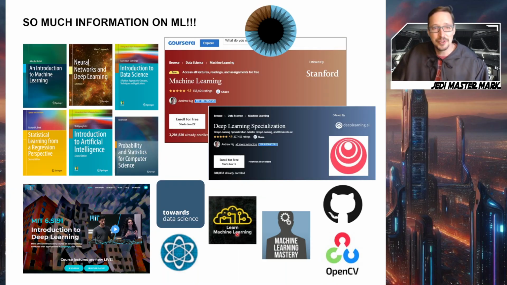If you look up at the header, there is so much information on machine learning. You can certainly put machine learning into Google or some other tool, and there are all these free books out there. MIT and other universities have put a lot of their lectures or free courses online.